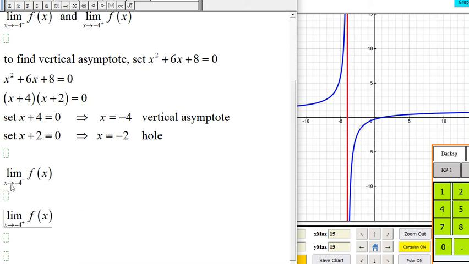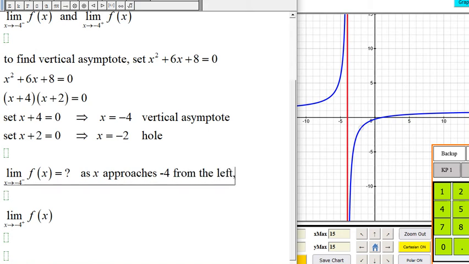And so again, the way we read this is, as x approaches negative 4 from the left, y approaches what? That's what it means. So again, we read it like this: as x approaches negative 4 from the left, y approaches what number?